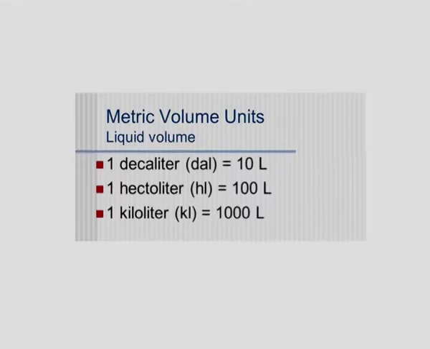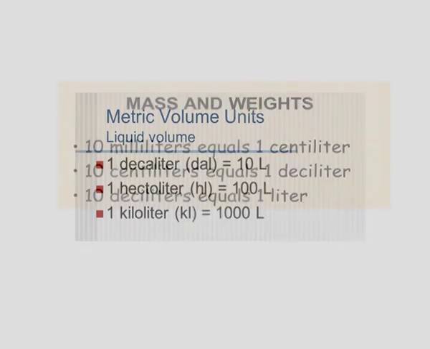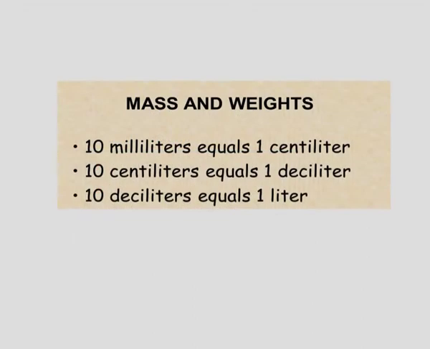They are 1 decaliter is equal to 10 liter, 1 hectoliter is equal to 100 liter, 1 kiloliter is equal to 1000 liter. The 3 units smaller than a liter are 1 liter is equal to 10 deciliter, 1 deciliter is equal to 10 centiliter and 1 centiliter is equal to 10 milliliter.